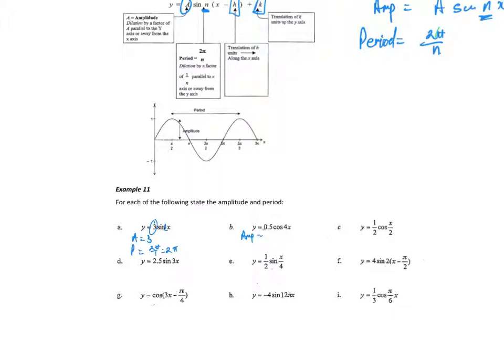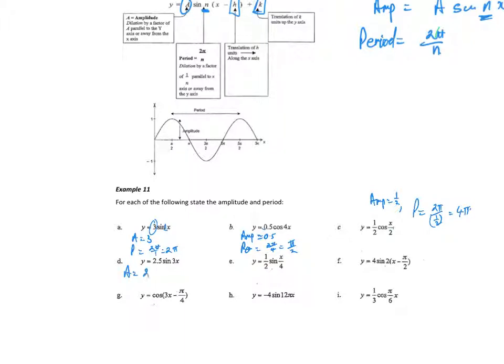Amplitude is equal to 0.5. The period is equal to 2 pi on 4, which is equal to pi on 2. Amplitude is equal to a half. The number in front of the x there is a half. So the period is equal to 2 pi on 1/2, which is equal to 4 pi, right? 2 divided by a half is 4.